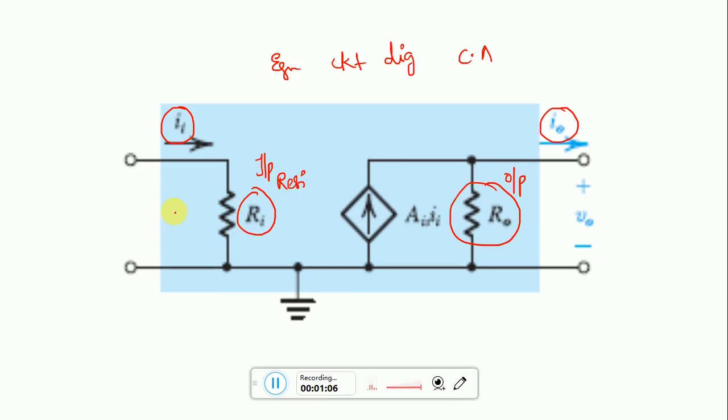Now clearly you can see here the output resistance is in shunt with this source. This source is current source, which is again depending on the input current, that is Ii. So this is Ai times of Ii, which is called as current dependent current source. So from there the name current controlled current source is obtained.